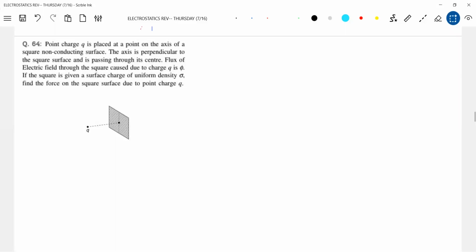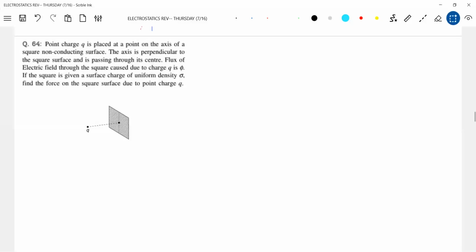A point charge Q is placed. You remember I gave the flux linking the plate. Even for a triangular plate, we do have a formula. Like that, for different faces, if you keep a point charge near a face, what is the flux linking?